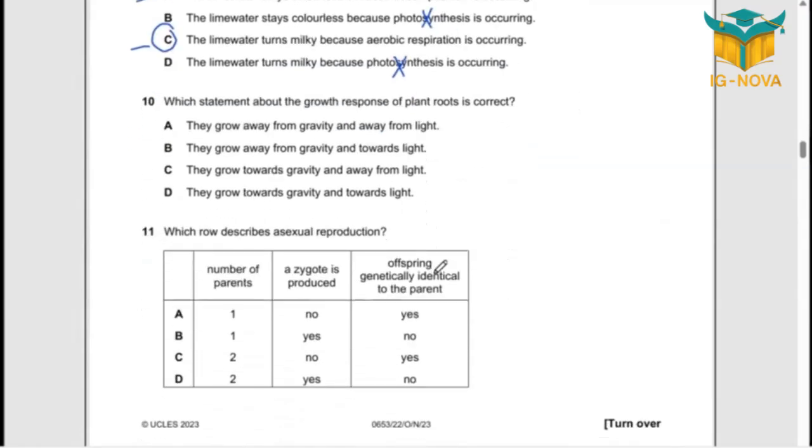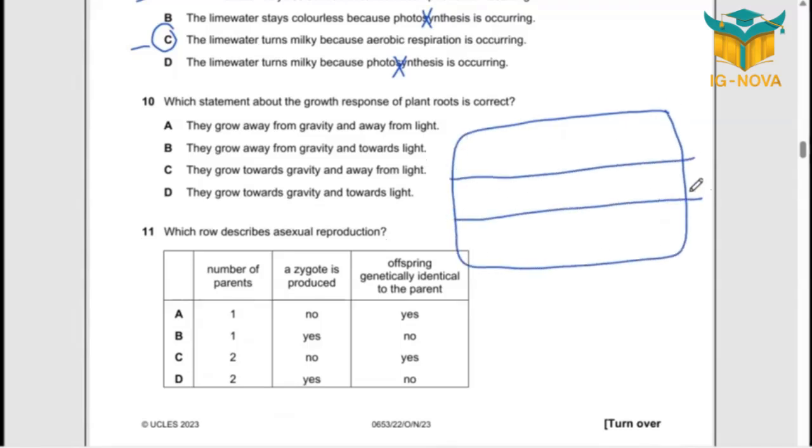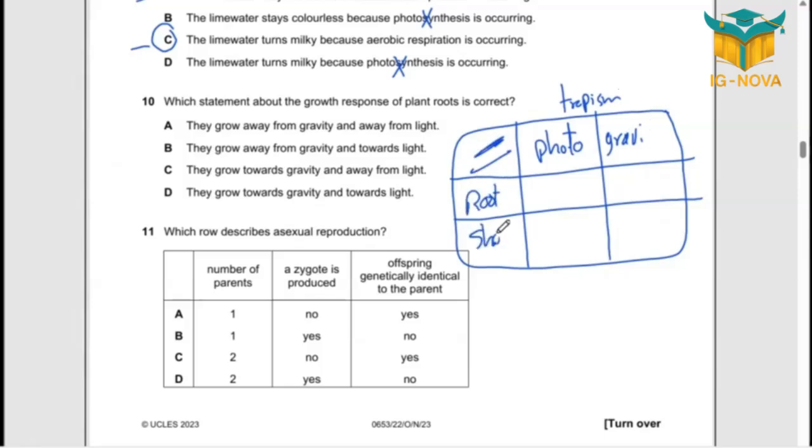Question 10. Almost done with bio, inshallah. Which statement about the growth response of a plant root is okay? Don't forget root and shoot for gravitropism and for phototropism. So this is phototropism, this is gravitropism, root and shoot.